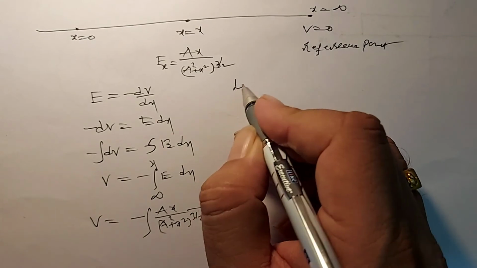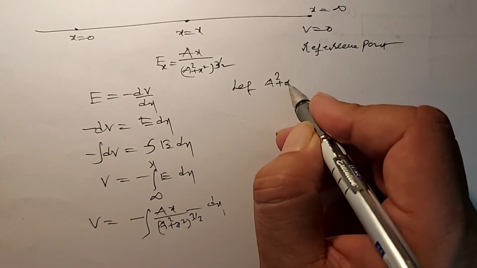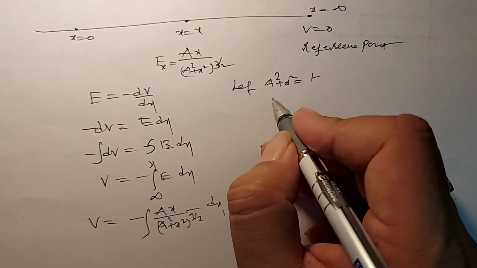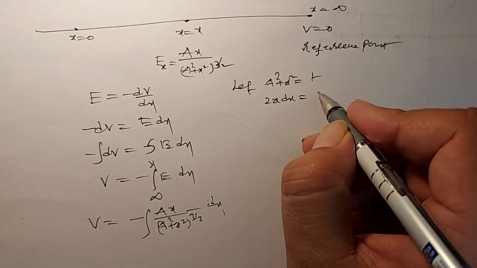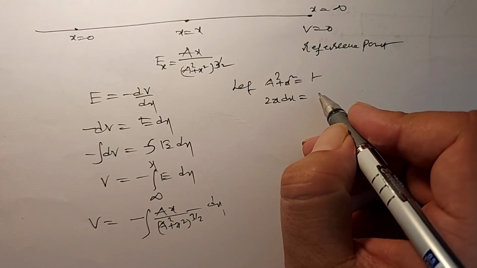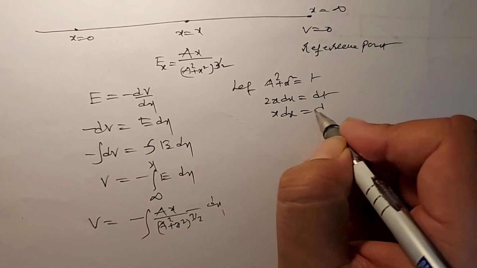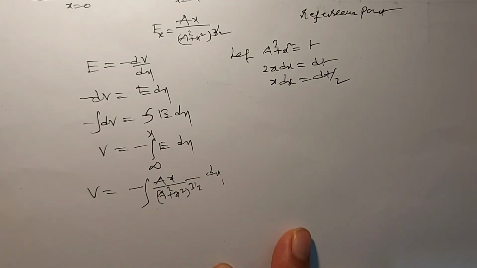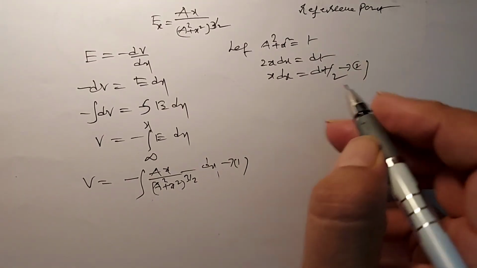So let a square plus x square is equal to t. Now differentiate this equation. 2x dx is equal to dt. x into dx is equal to dt by 2. This is equation 1 and this is equation 2.